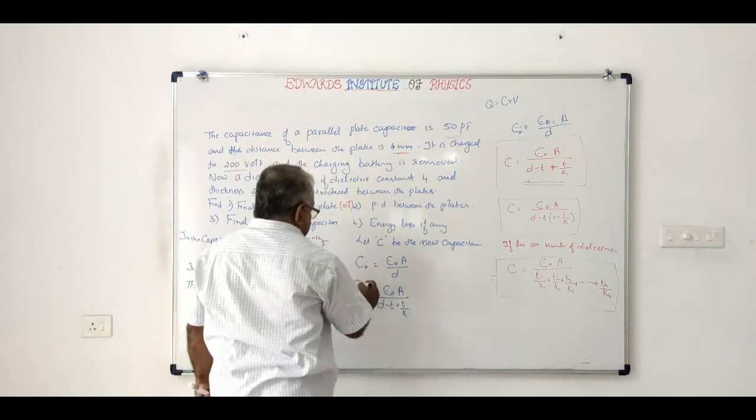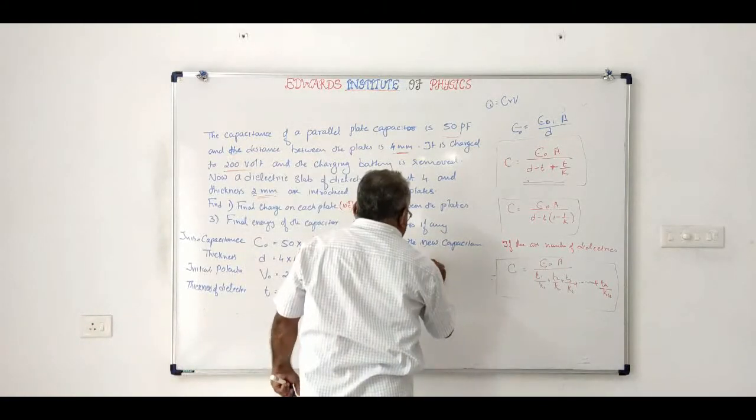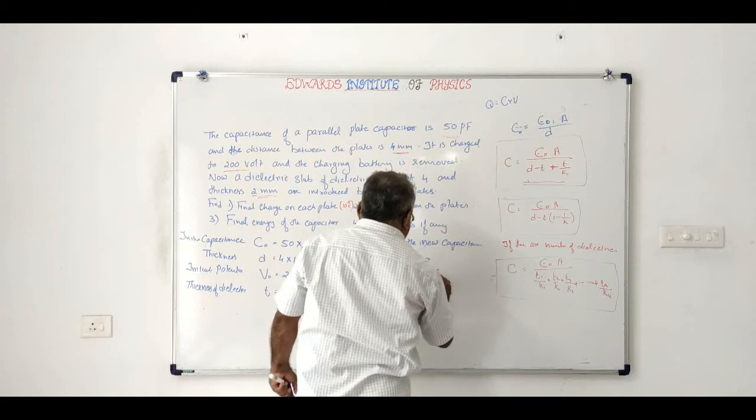When a dielectric is placed, what will be C0 by C?